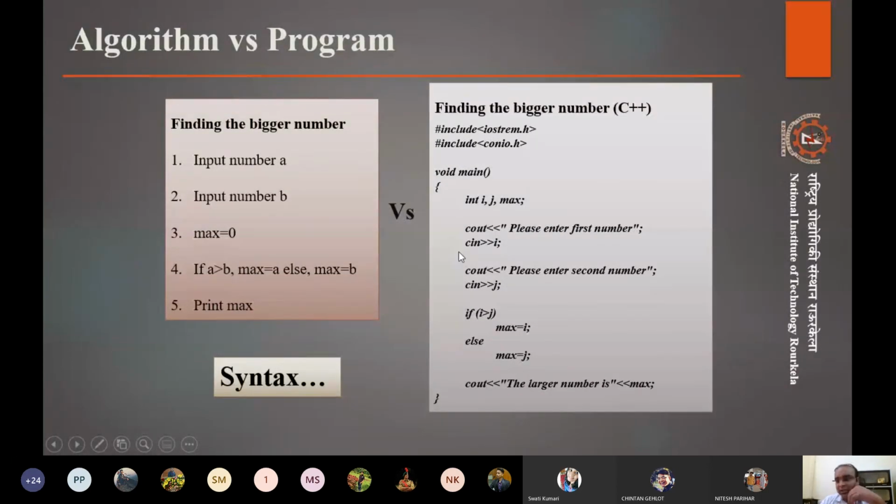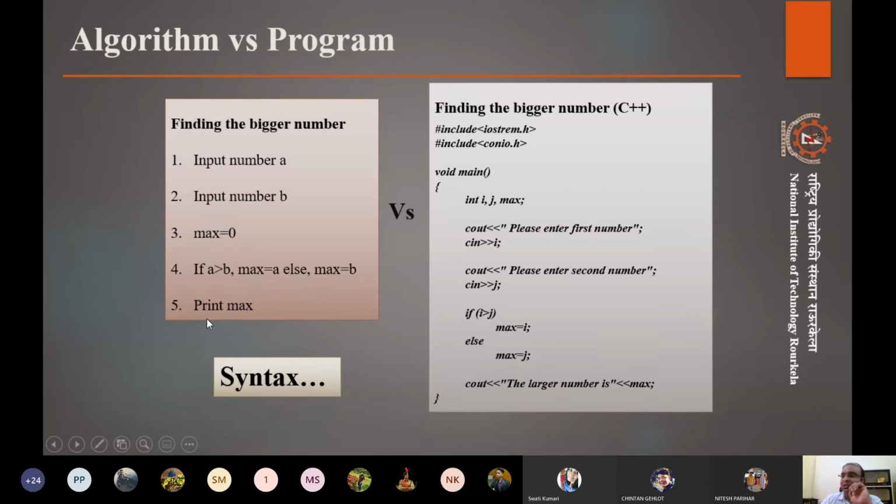Now we can change any variable in this. We can use I, J, K, apple, number 1, number 2, number 3, anything, but the pattern in which we are writing this will remain the same for different cases of input. That is called syntax.